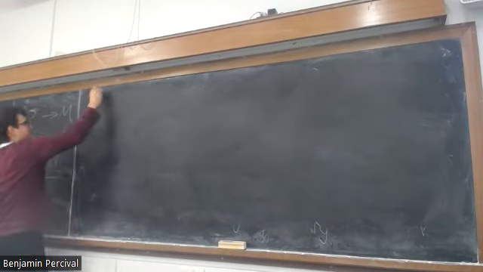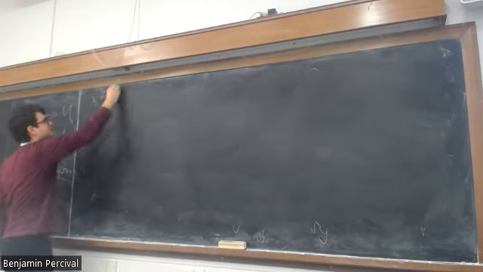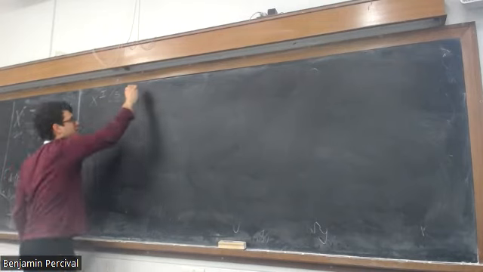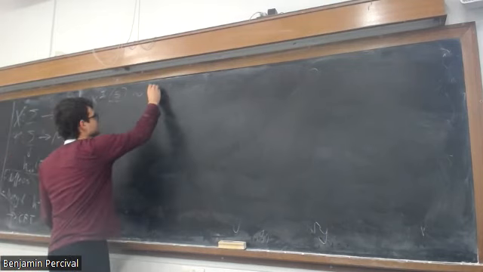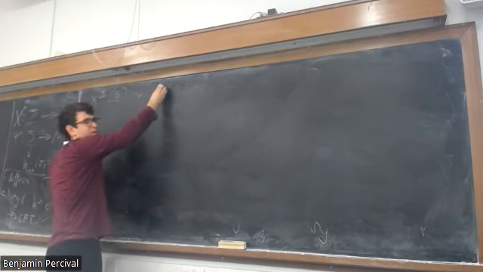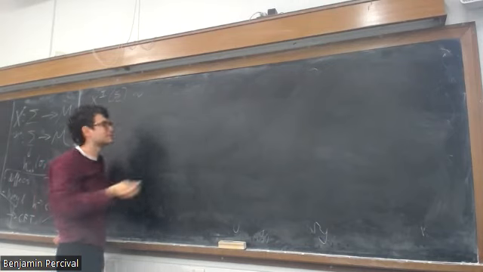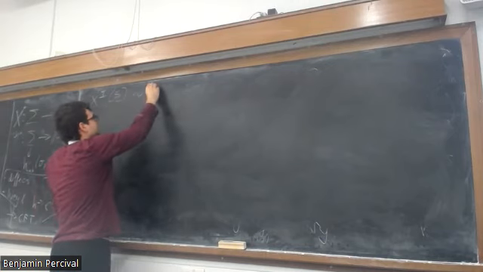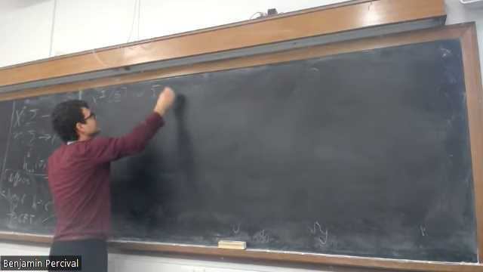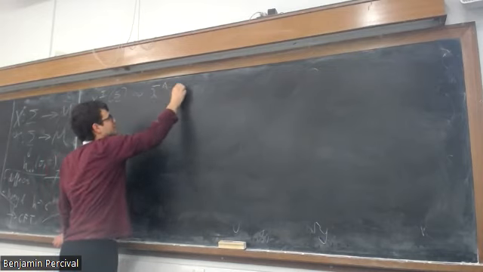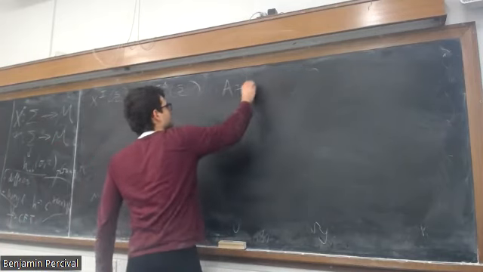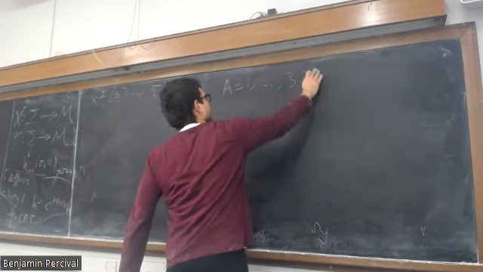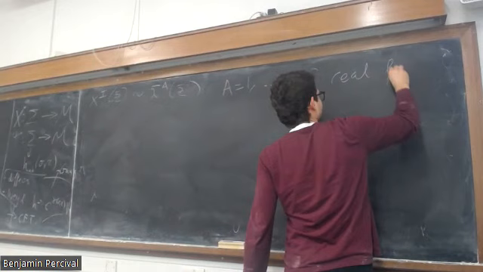Another thing we could say is, instead of having 16 extra bosonic fields, we could relate them to 32 real fermionic fields, like let's say lambda bar A. So these would be real fermions, with A from 1 to 32.